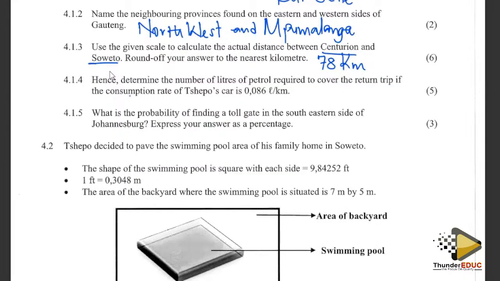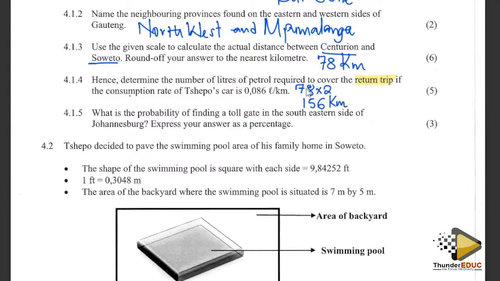What I would like you to understand here is that they have talked of a return trip, simply meaning going and coming back. So you're going to get the distance, multiply it by 2. So what is the distance covered there? It's 156 kilometers.